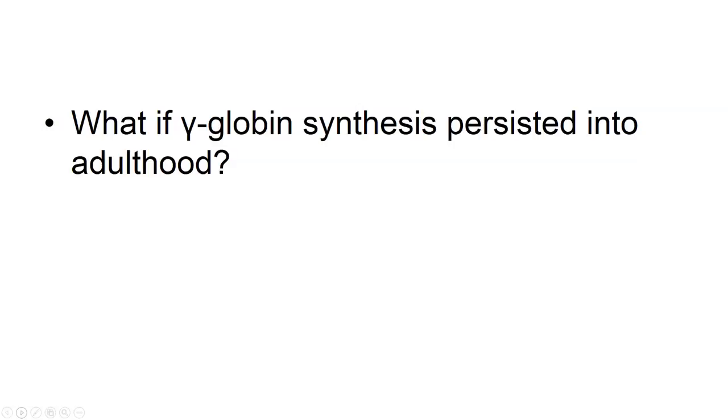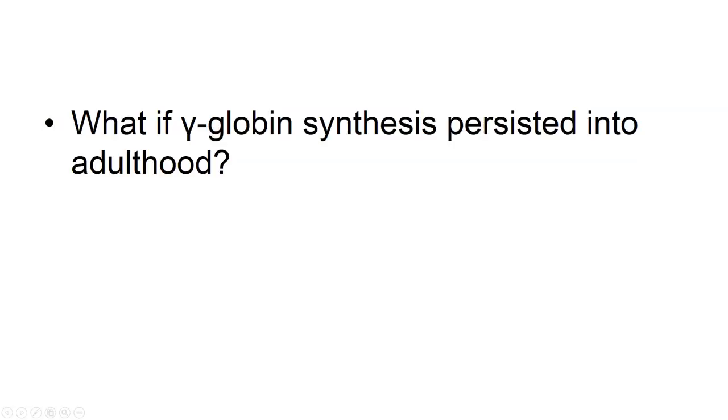It doesn't work as well, meaning it binds a little more tightly so it doesn't release oxygen as well, but you can still survive with fetal hemoglobin. And actually, there's a condition called hereditary persistence of fetal hemoglobin, where that actually happens. And those individuals, for the most part, are normal. Probably never going to be a world-class athlete, but they're going to be normal in terms of a normal lifespan.